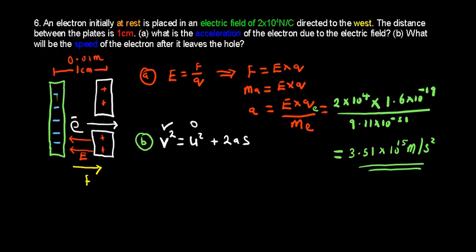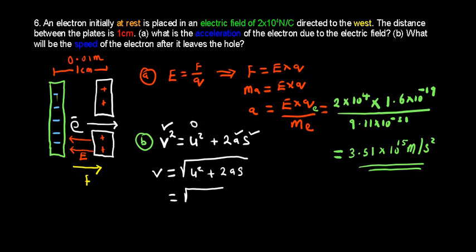So here, our v will now be equal to the square root of u squared plus 2as. So let's go ahead and put in the values. Our initial velocity is equal to 0 because it is at rest.